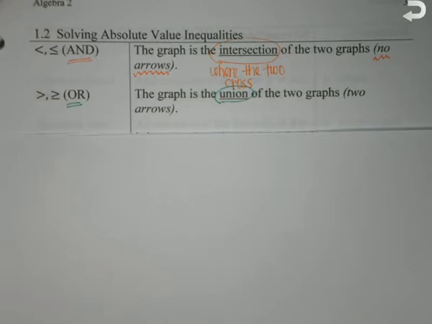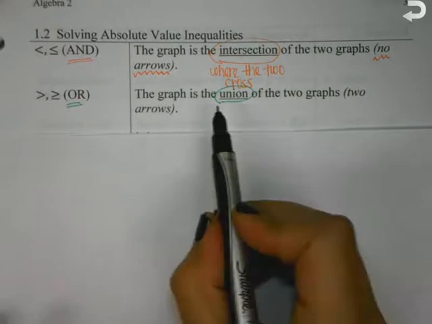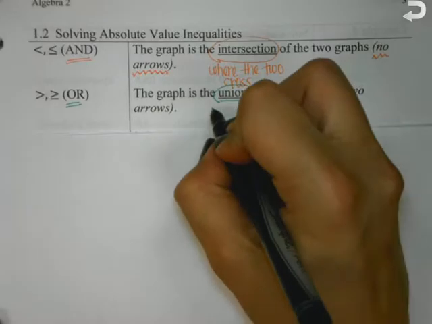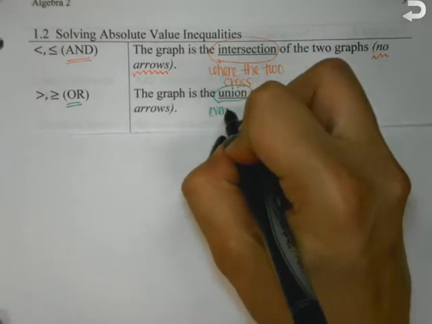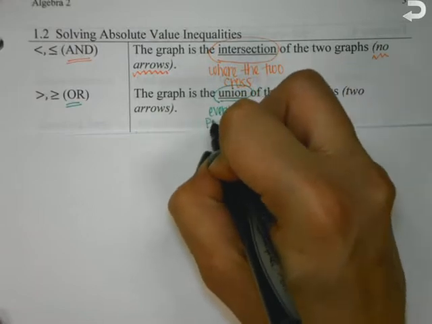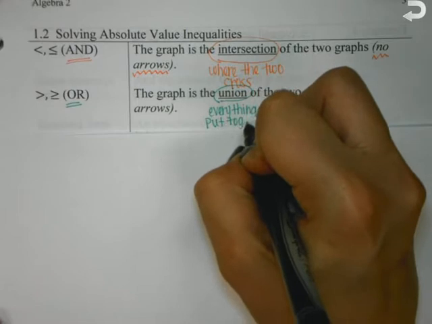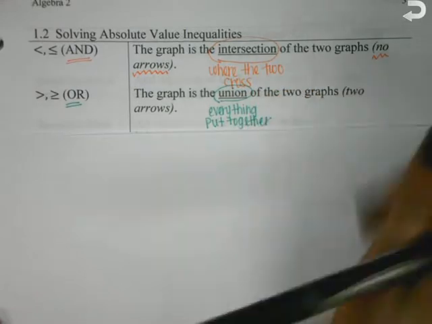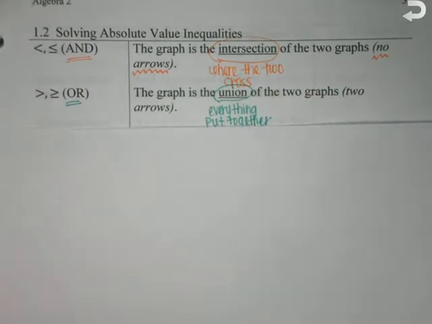Union means all of it put together, right? So for the union, it's everything put together, of the two graphs. So it's whatever the answer for one and the answer for the second put together. And for those, you will get two arrows.